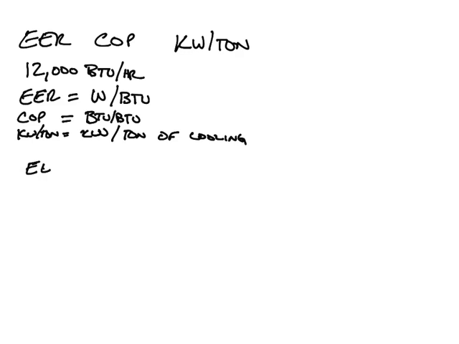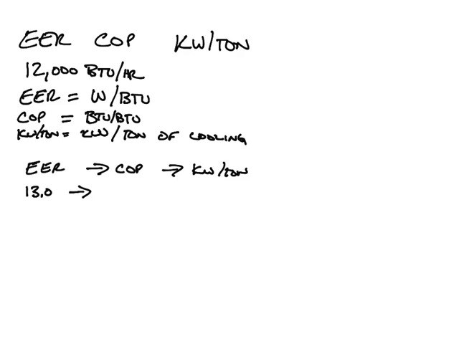So let's first go EER to COP and kW per ton. We're starting off now with an EER. Let's say our EER is 13.0. In order to convert that EER into a COP, you need to divide it by 3.413.